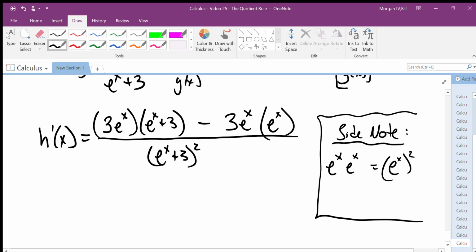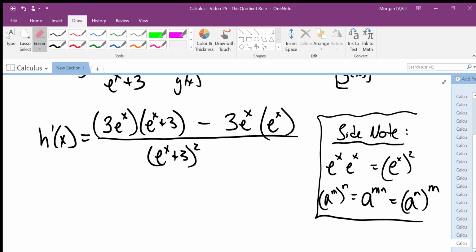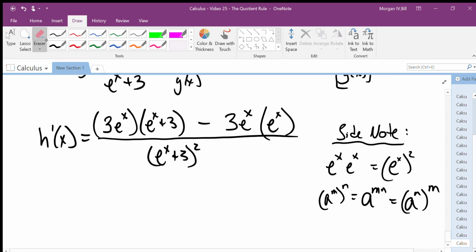By properties of exponents, remember that a to the m to the n is equal to a to the mn, which is also equal to a to the n to the m. Those can actually switch. We're not switching it in this case. We are simply going to multiply the two together.